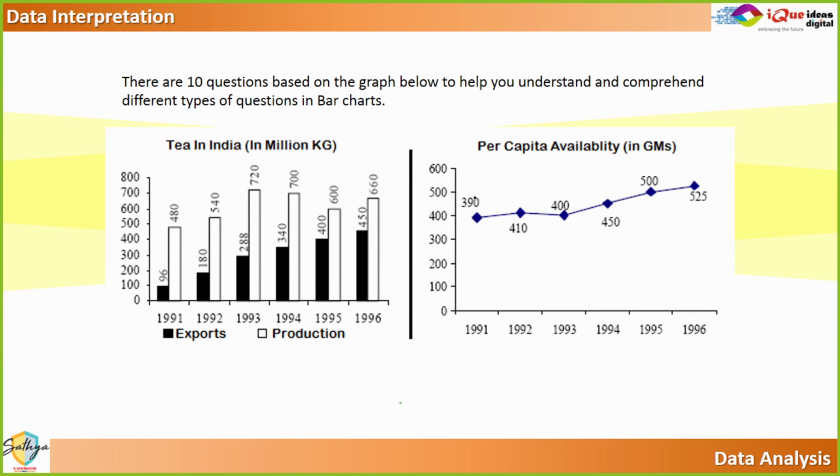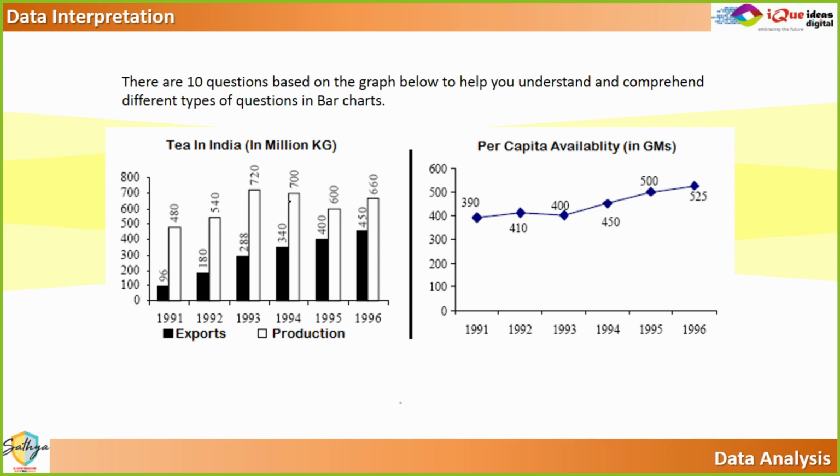Chalo. Let's take a look at another set of questions now. Now it says there are 10 questions based on this graph to help you understand and comprehend different types of questions in bar charts. Fine. The left hand side gives me T in India, right? 91, 92, 93, 94, 95, 96. The data for 6 years is given.